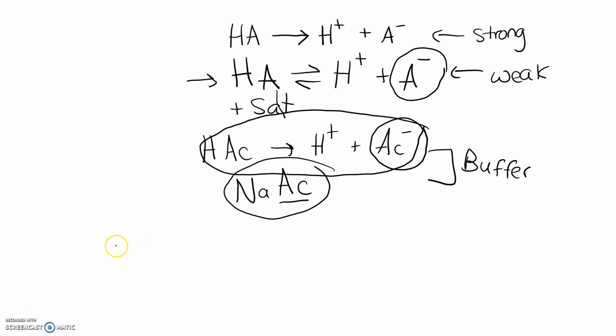But to answer this question, all we need to do is find the weak acid and the salt that contains its conjugate base. And in this case, the only one that fits that profile is hydrofluoric acid, which is a weak acid, and cesium fluoride, which is a salt that contains fluoride, which is the conjugate base of hydrofluoric acid.